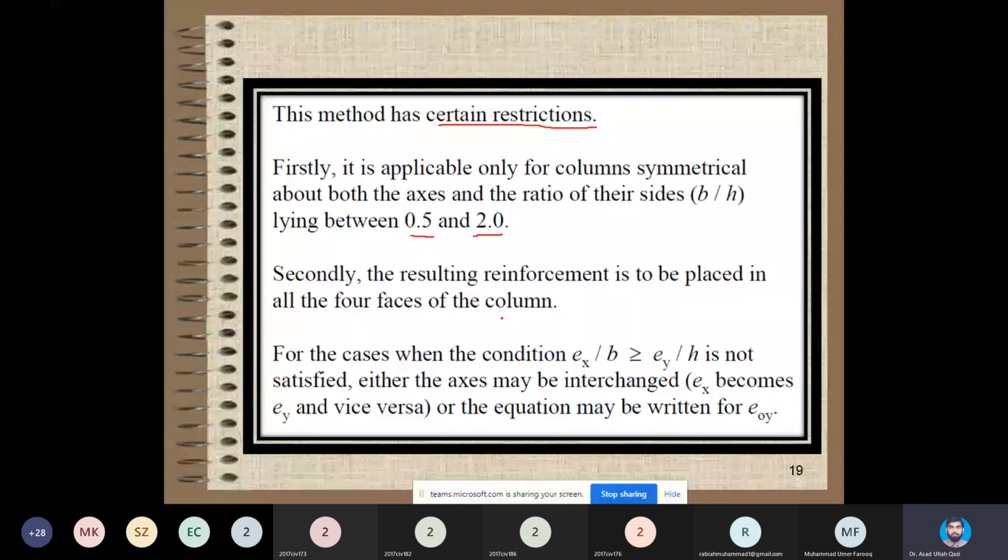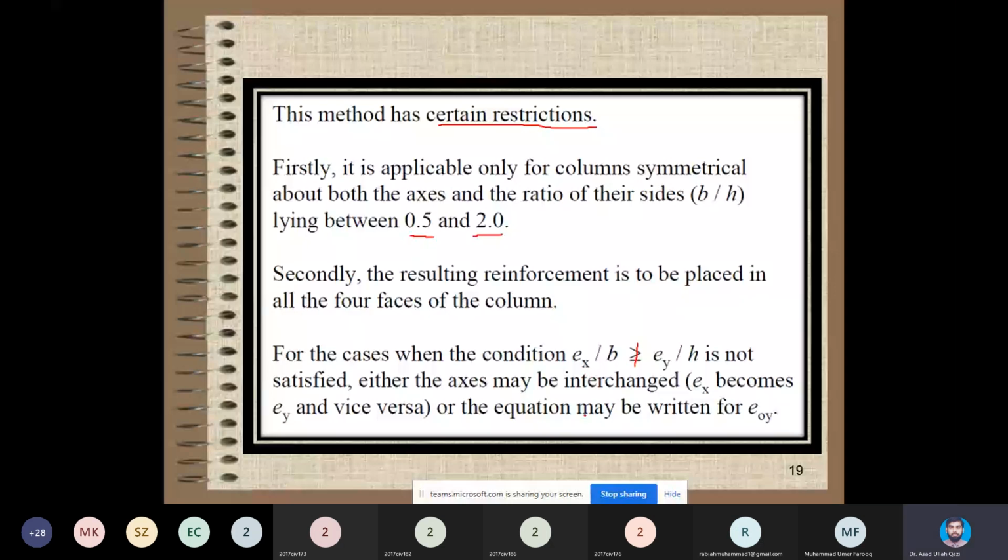It is further stated in the third paragraph, which I earlier explained, that if Ex over B is not greater than Ey over H, then either axes may be interchanged. So make X as Y and Y as X. Ex becomes Ey and vice versa.